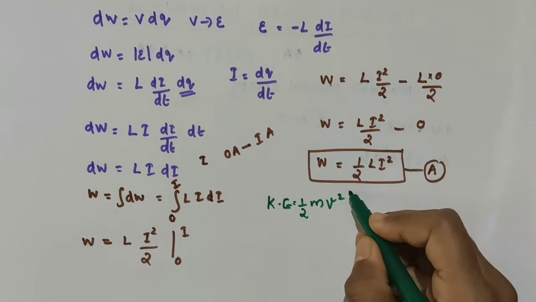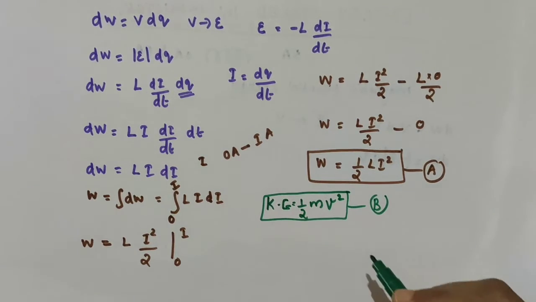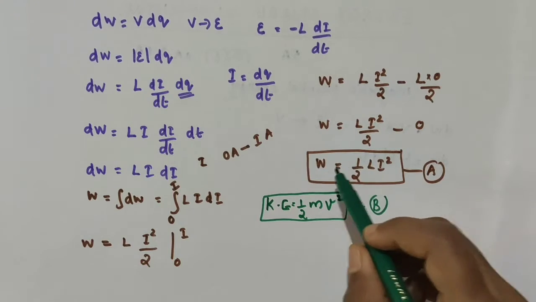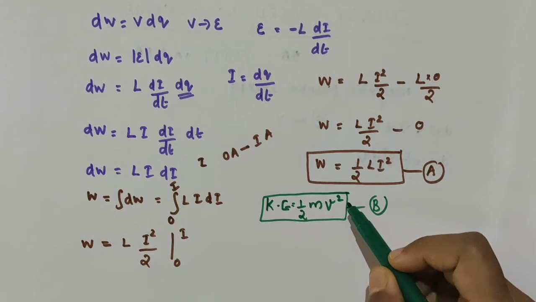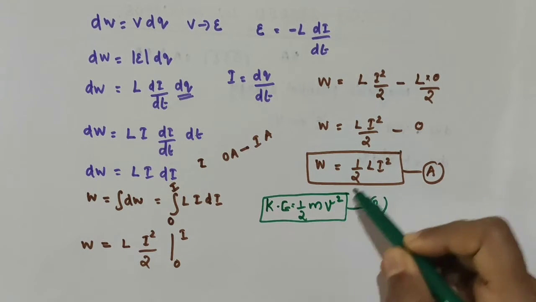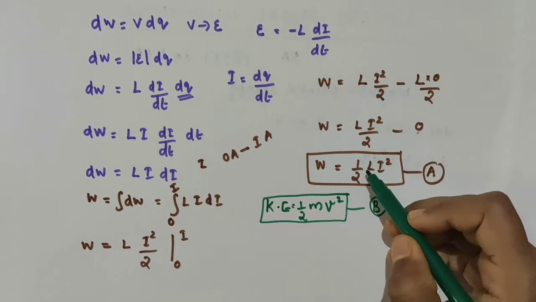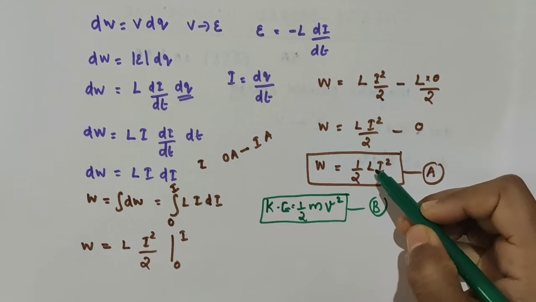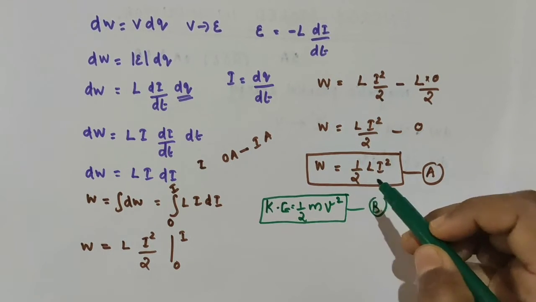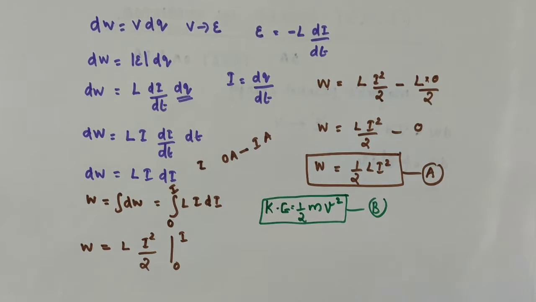I am taking this as expression B. Now, when we compare these two expressions, half L I square and half m v square, with I square here and v square here, it shows that this L, that is the coefficient of self-induction or self-inductance, is analogous to the mass m in the kinetic energy expression.